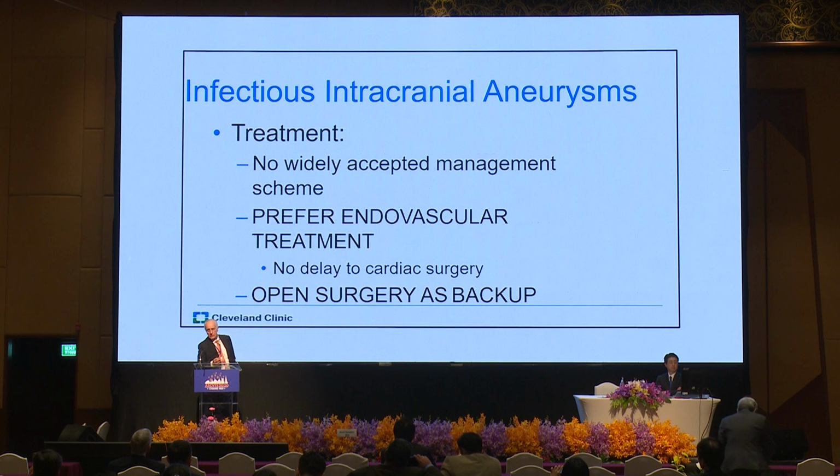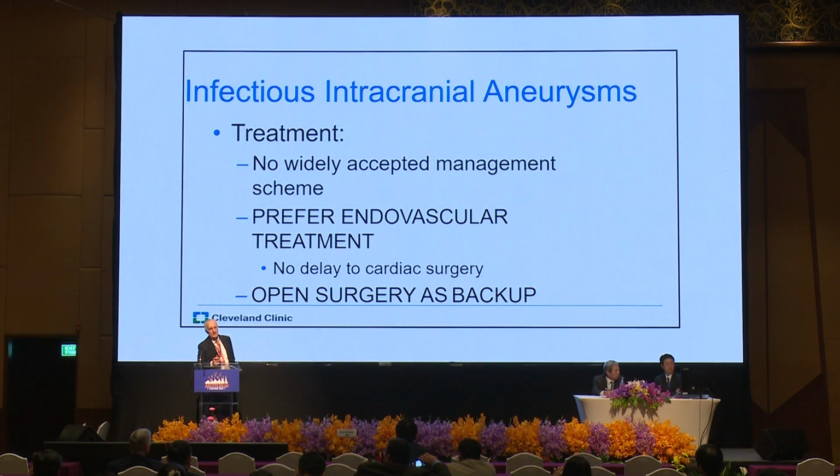So when you talk to the neurosurgeons about this, there are very variable presentations of these, and very, very variable locations, and there is no real widely accepted management scheme for these patients.